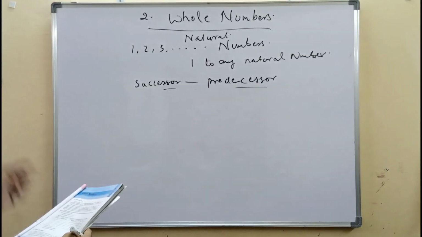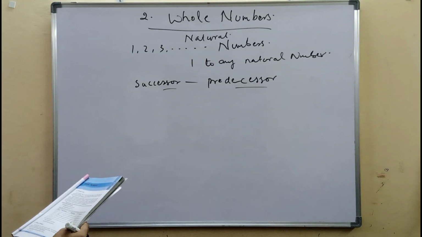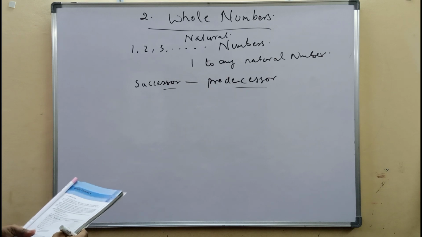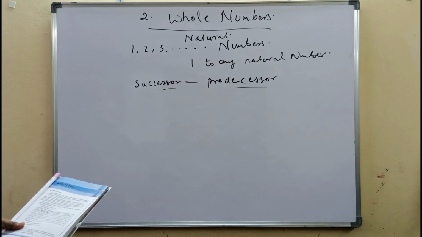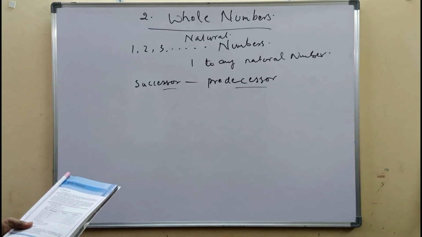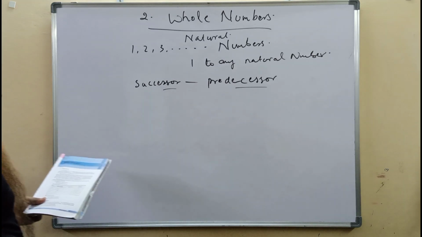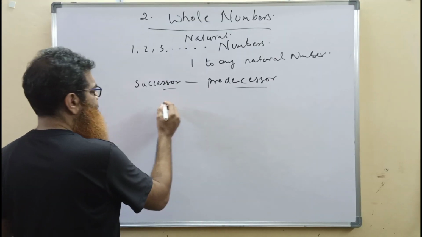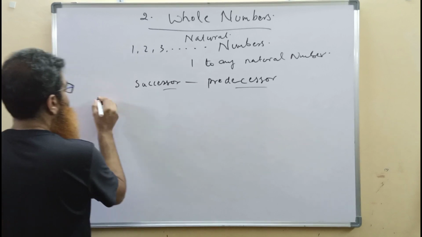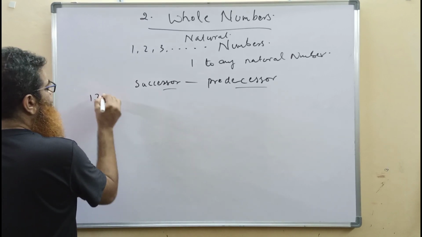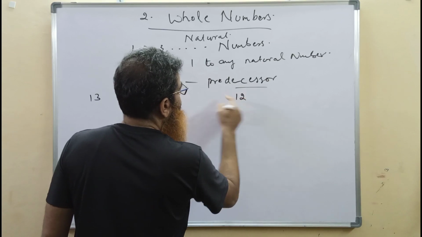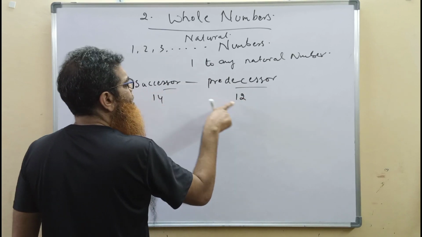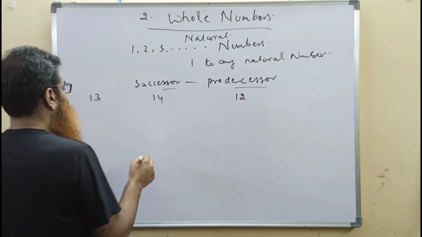Here in the box on page number 15, if you observe, there are some natural numbers given in serial order. 6 natural numbers are given. We need to write their predecessor and successor. 13, the successor is 14, and the predecessor, pre means previous, is 12.